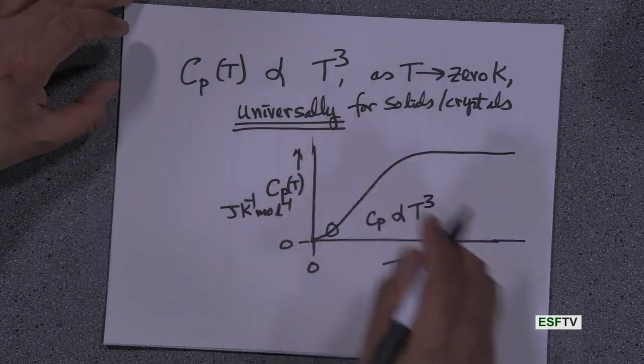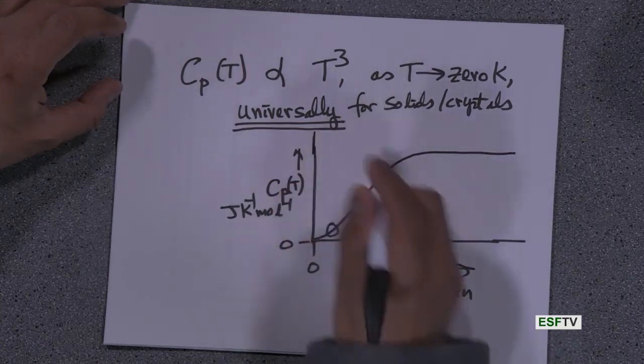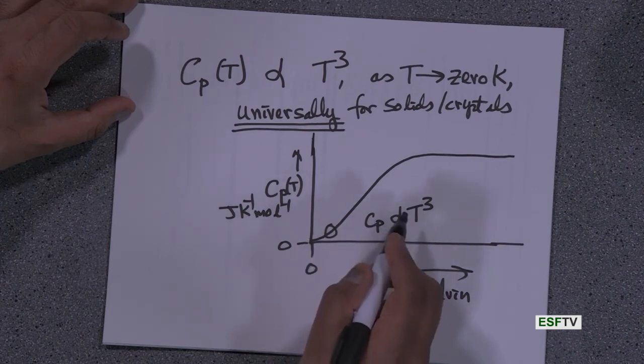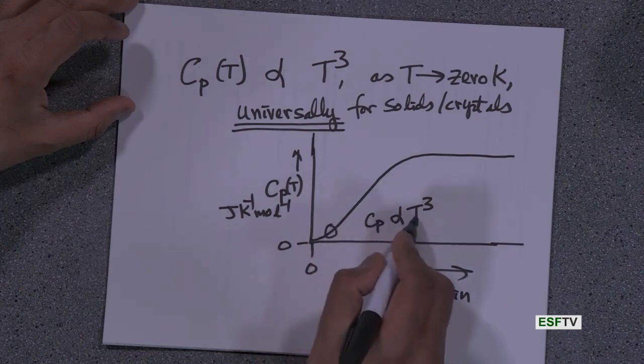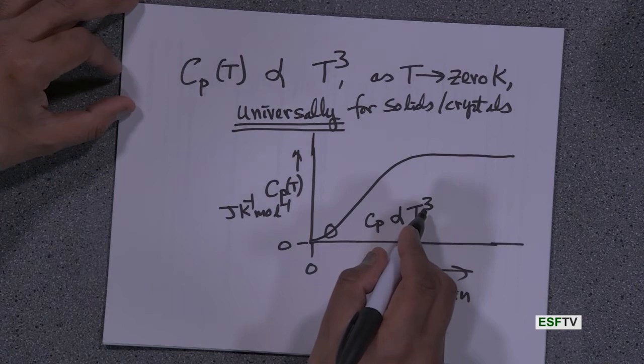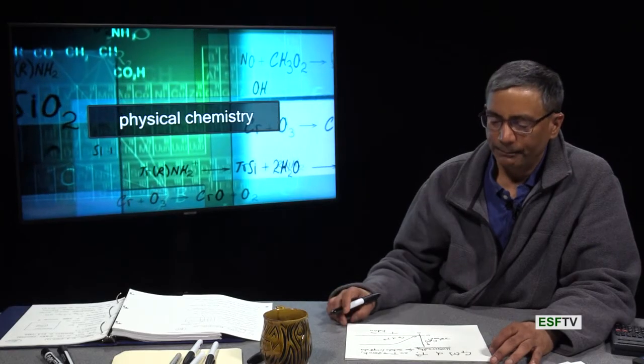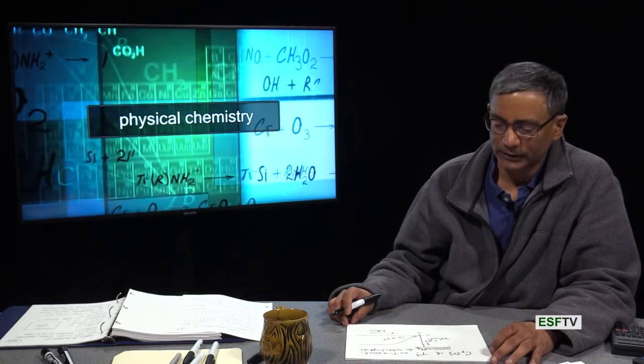And interestingly enough, this behavior, the fact that the heat capacity goes down to 0 at absolute 0, and it follows this T cube, this cubic power law, this was known experimentally many years before quantum mechanics was discovered.